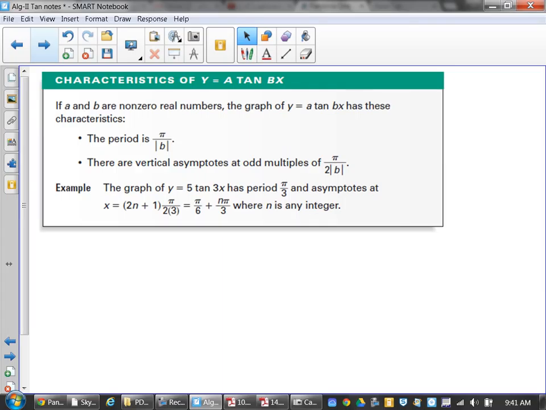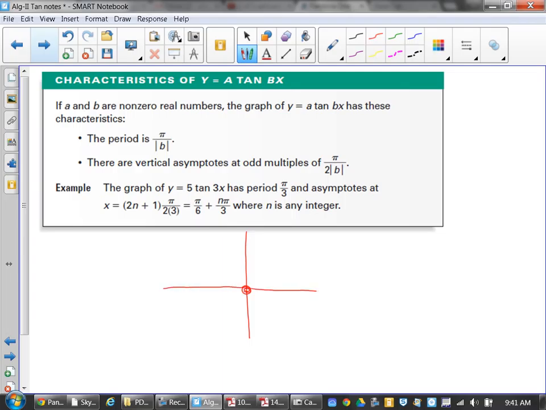The asymptotes, what happens here is this is kind of the weird part of how you figure out your asymptotes. Remember, in our graph, we had 0. This was negative pi over 2, and this was positive pi over 2.